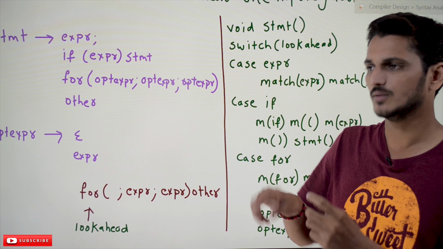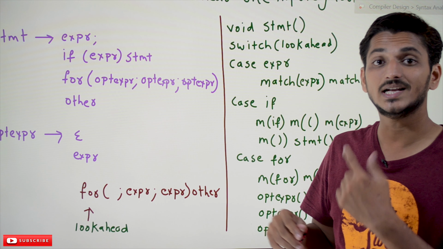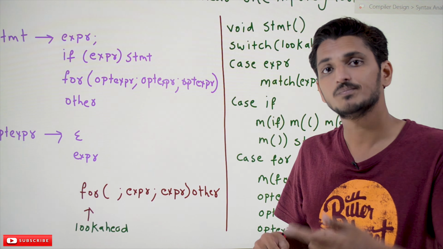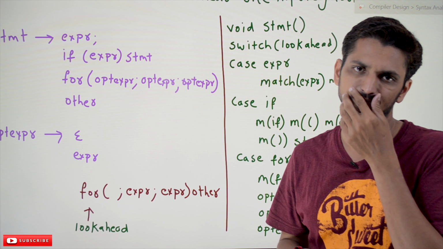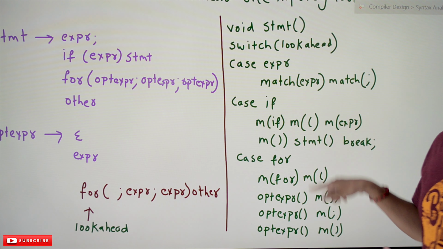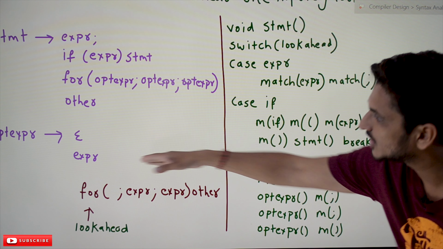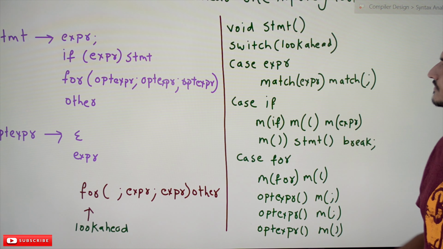Otherwise backtrack, take the second production. If it is matching, take it. Otherwise backtrack, take the third production. That is the code we wrote in recursive descent parsing. But this is not the case in predictive parsing. We are changing the code based on the lookahead symbol.